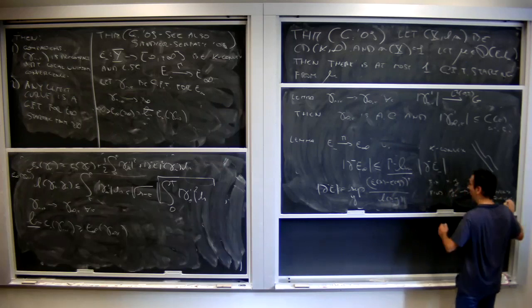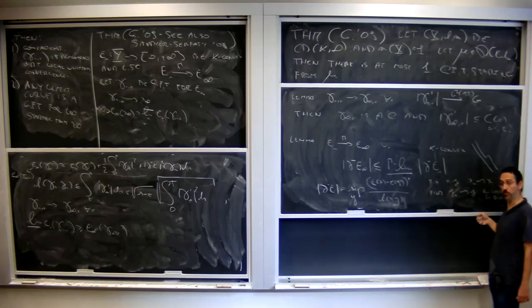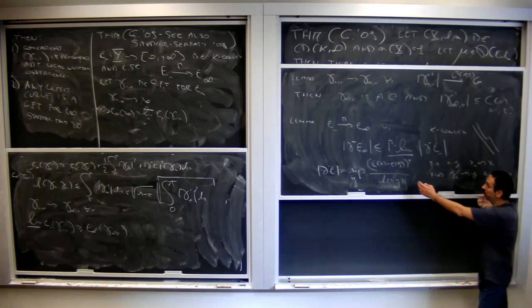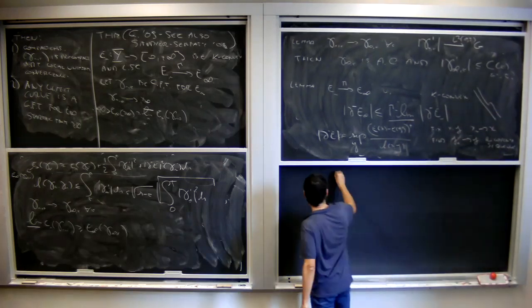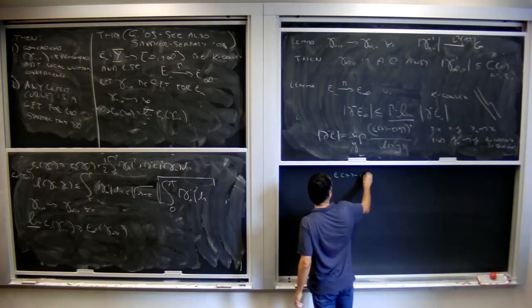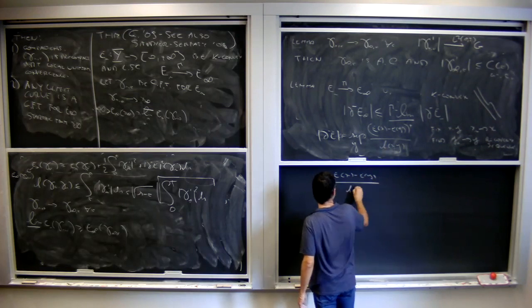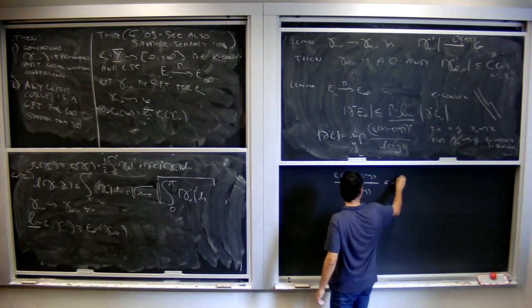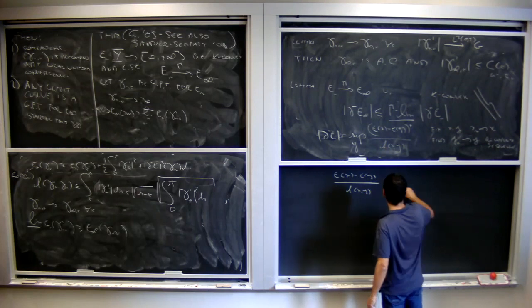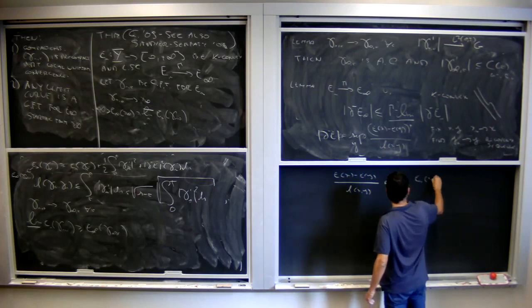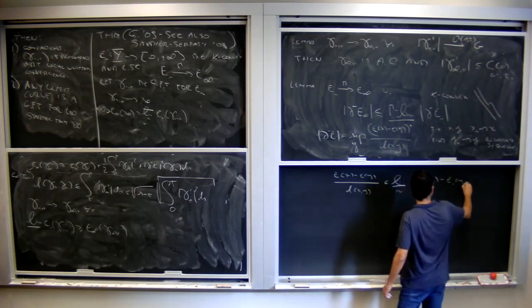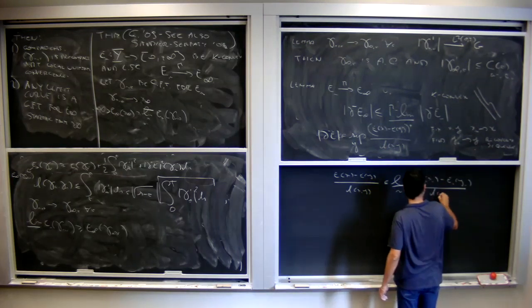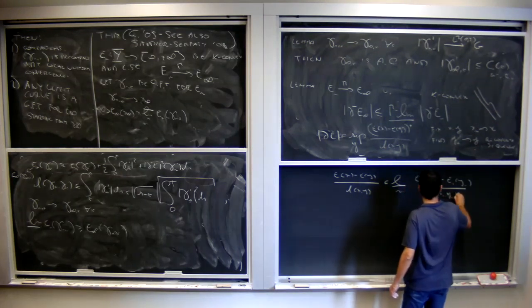Where the functionals converge, you see that E(X) minus E(Y) divided by the distance between X and Y is less or equal than the limit in n of (E_n(X_n) minus E_n(Y_n)) divided by the distance.